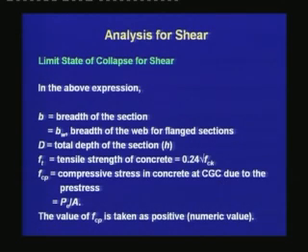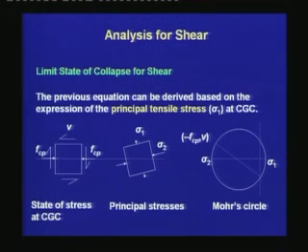Actually, fcp is compressive, but we are taking only the numeric value of fcp in the expression, and fcp is equal to Pe, the effective pre-stress, divided by the area of the cross section. The previous equation can be derived based on the expression of the principal tensile stress sigma 1 at CGC.